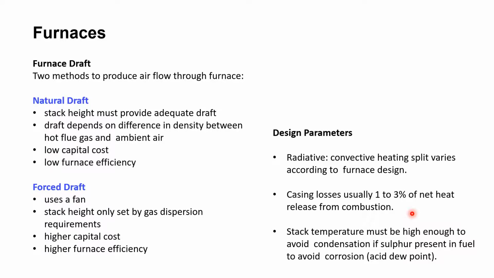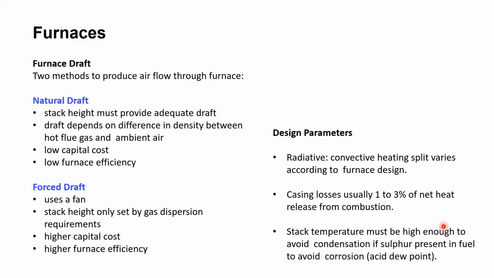Another thing is that the stack temperature must be high enough to avoid condensation if sulfur is present in the fuel, to avoid corrosion at the acid dew point. So what happens if, let's say, you have a coal fuel that has a high content of sulfur?